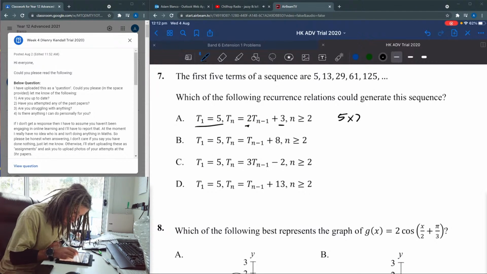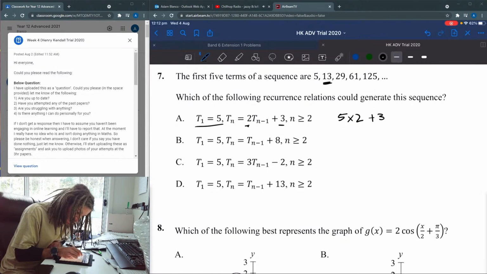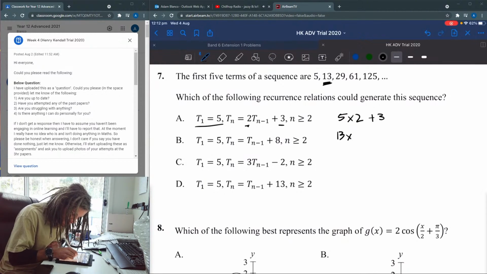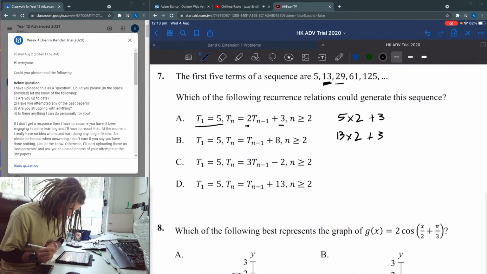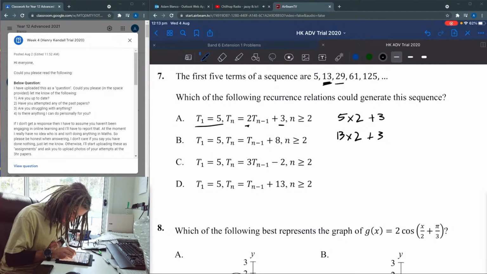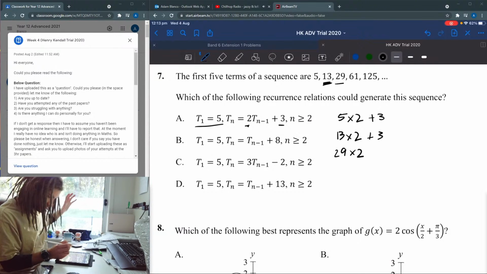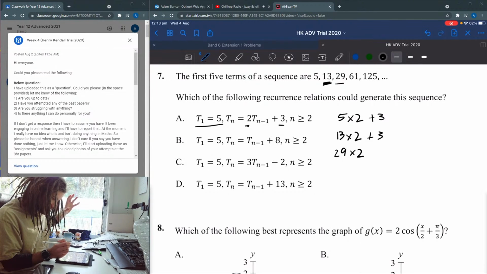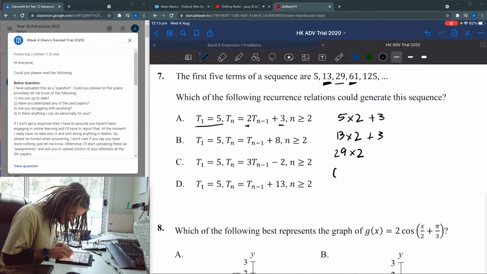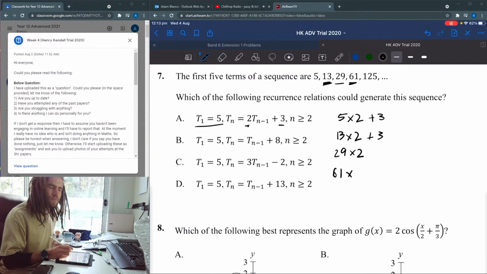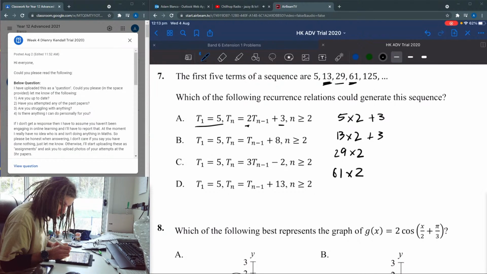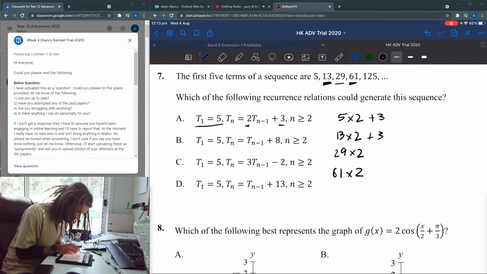So 5 times 2 is 10, plus 3, yep, that's 13. 13 times 2 is 26, plus 3, that's 29. Have I got this first go? 29 times 2 is 58, plus 3, 61. Yep. 61 times 2, 122, plus 3. Yeah, okay, so it's this one.